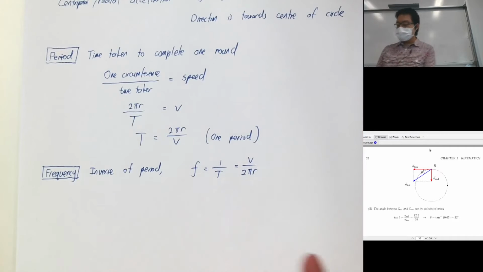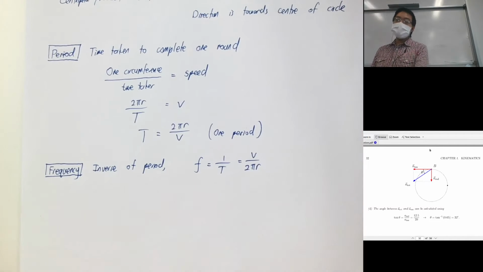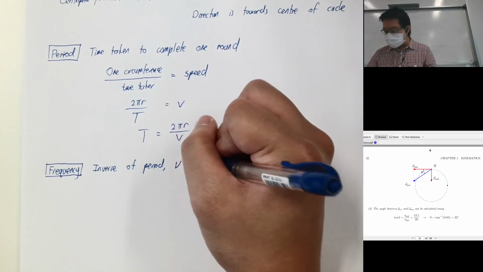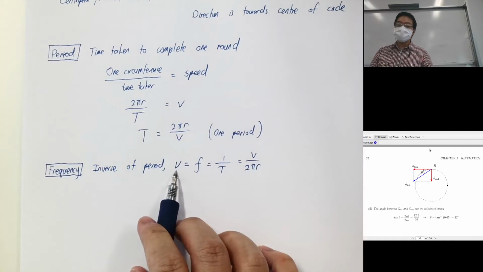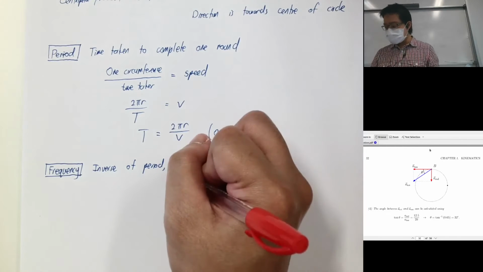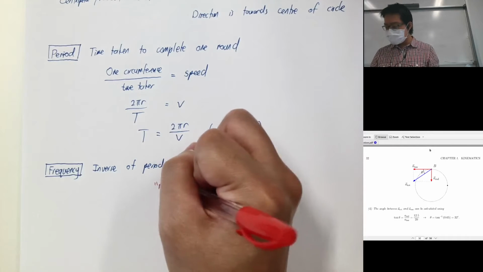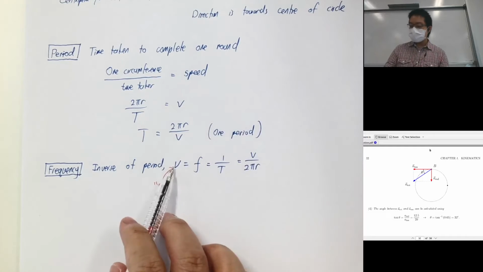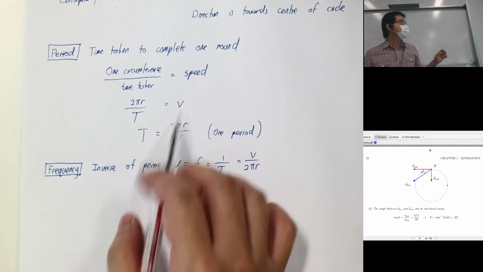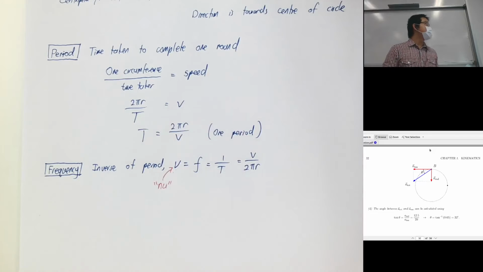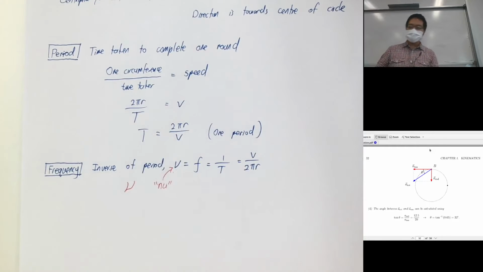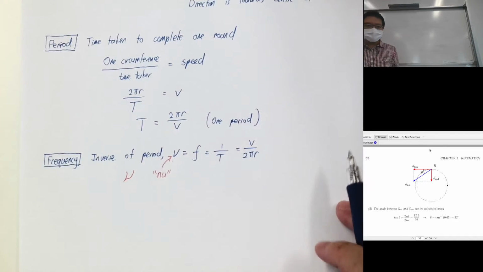In some other textbooks, they call this frequency with the Greek letter nu. I don't know how to pronounce it, so this is called nu. It's not v, and I don't want to use it often because it looks like v, so we don't want to confuse it with the real v. We will use f, so it's more straightforward.